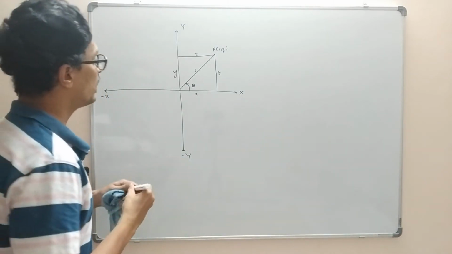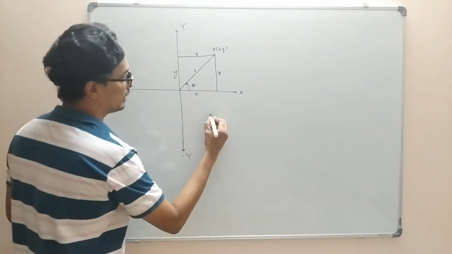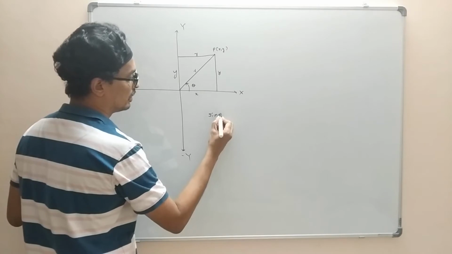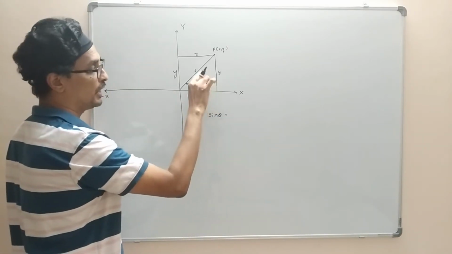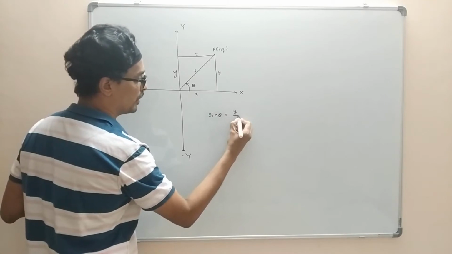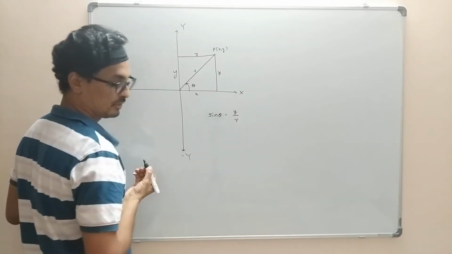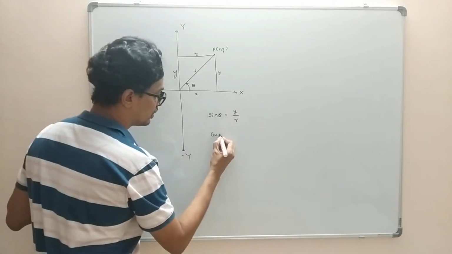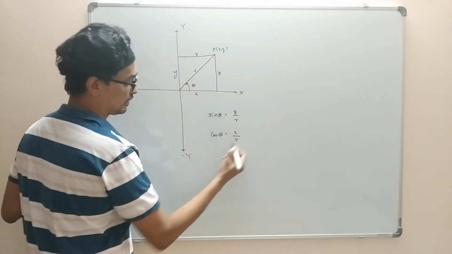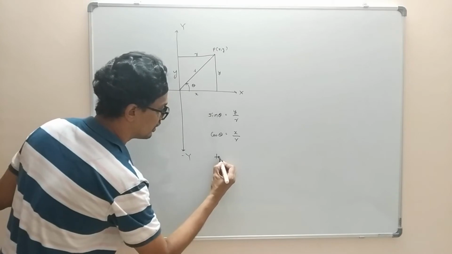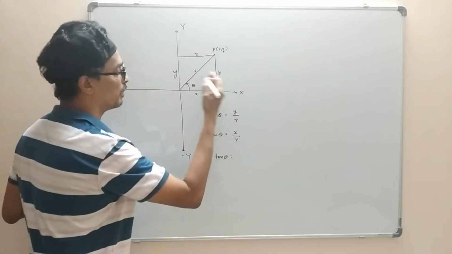Okay. So now, what will be your sine theta? Sine theta will be opposite side by hypotenuse, that is y by r. Cos theta is x by r. And tan theta is y by x.